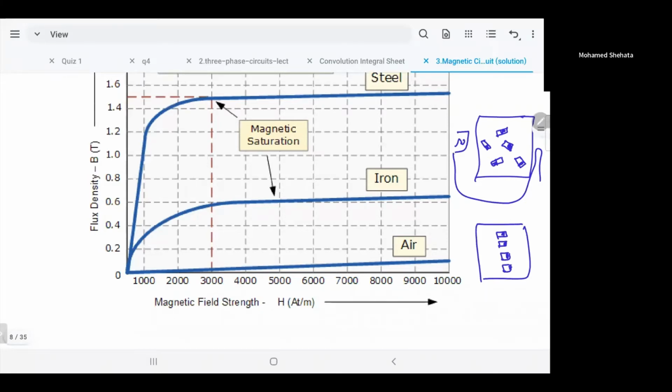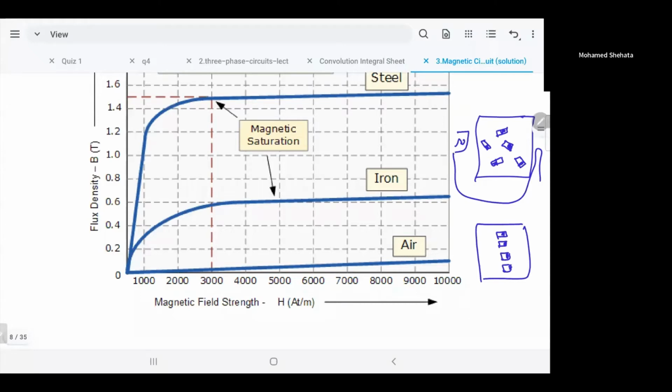So in the beginning, maybe 100, then 90, 50, then you don't have many left. If everything is already aligned in one direction and you increase the current, it is saturated. So that's why in a core or things like that, at a certain point, at the knee of the curve, it starts to saturate and becomes a horizontal straight line.